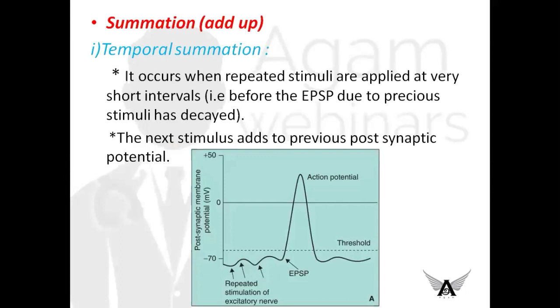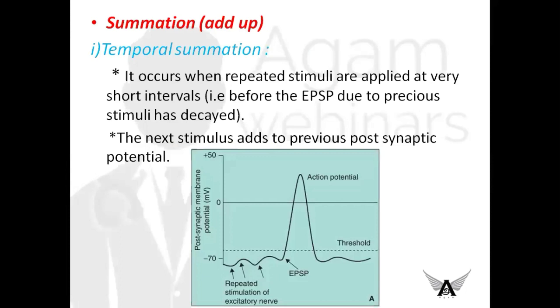Whenever we give a first stimulus, before the EPSP decays, we give a second stimulus so that the EPSP of first and second will add together. Similarly, when we give a third stimulus, the EPSP of all three will add together.